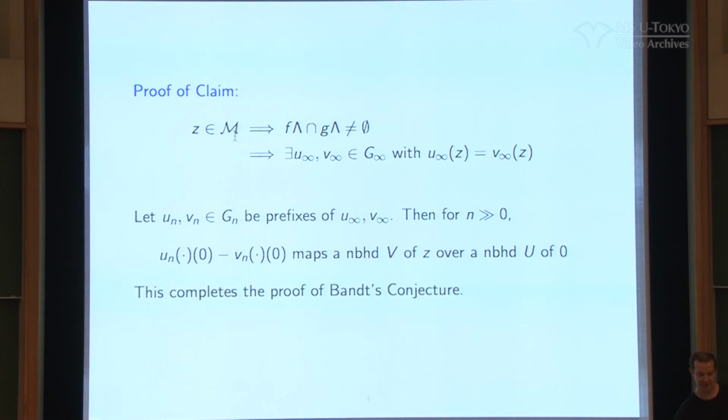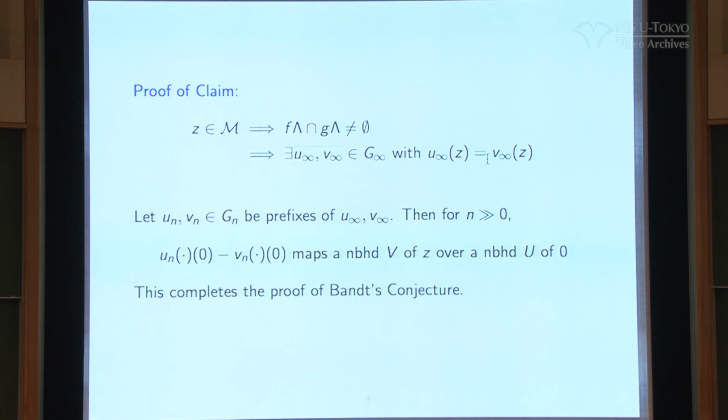Well, if we're in the Mandelbrot set at z, then we have infinite words, u infinity and v infinity, whose difference is 0. So at z, the difference is 0. The difference between them is a function of z. It's a holomorphic function. It's non-constant. It takes the value 0 at z. There's a neighborhood of z that maps onto a neighborhood of 0.